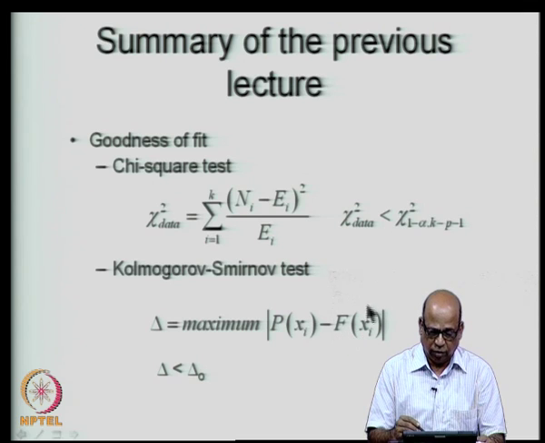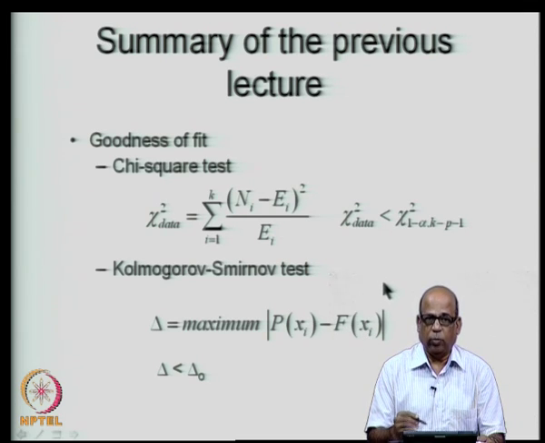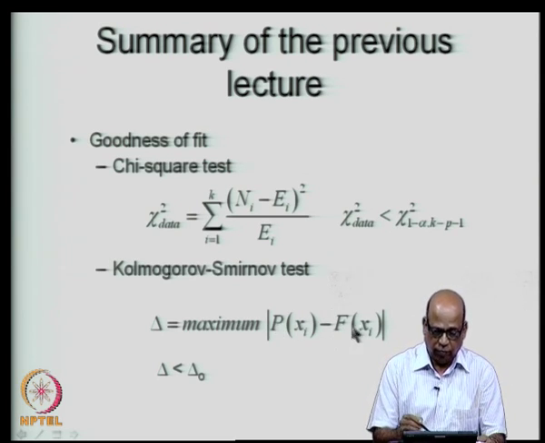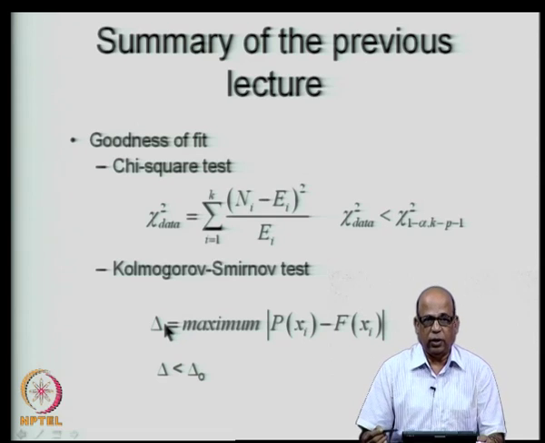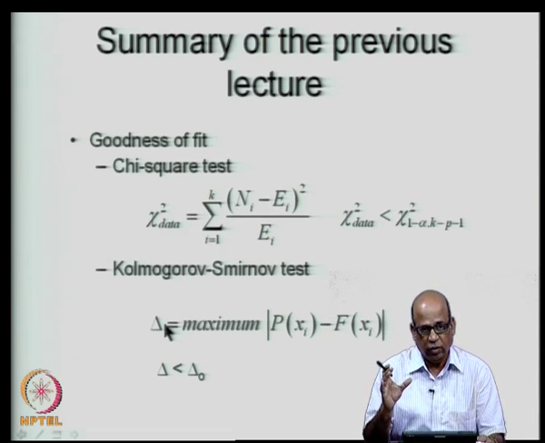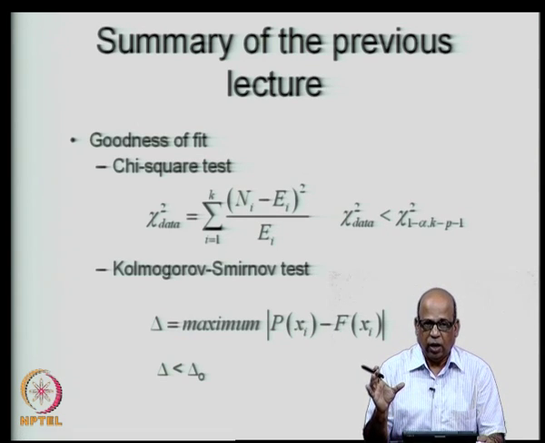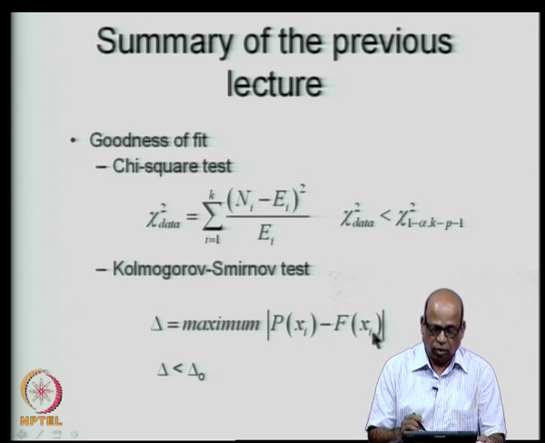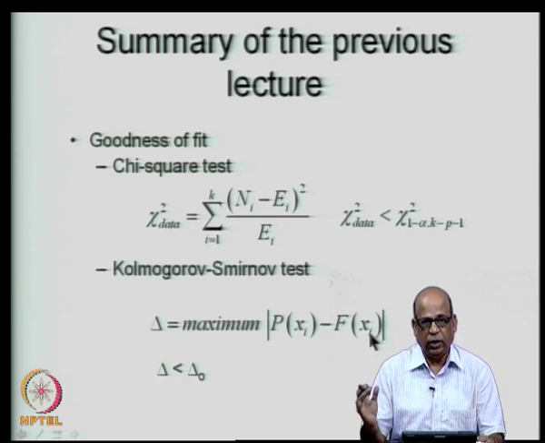For example, f of x i is the probability associated with that particular distribution, normal distribution, exponential distribution, etc., for which we are making the test. And we take the absolute maximum difference between the observed and the expected probabilities, and that we call delta. So, the statistic is simply the maximum of the absolute value of the difference between the observed probability and the expected probability.